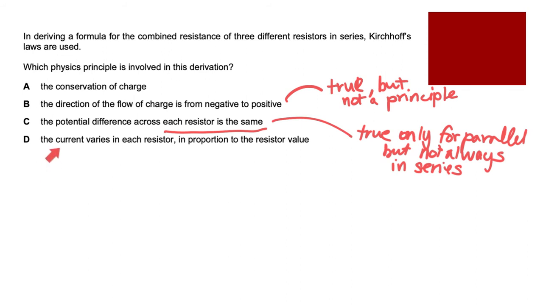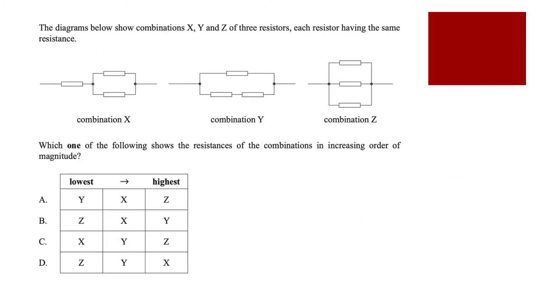Now for the last part, the current varies in each resistor. And again, I tell you to go back and look at the question. It says it's in series. So the problem there is, in series, we always have the currents the same.